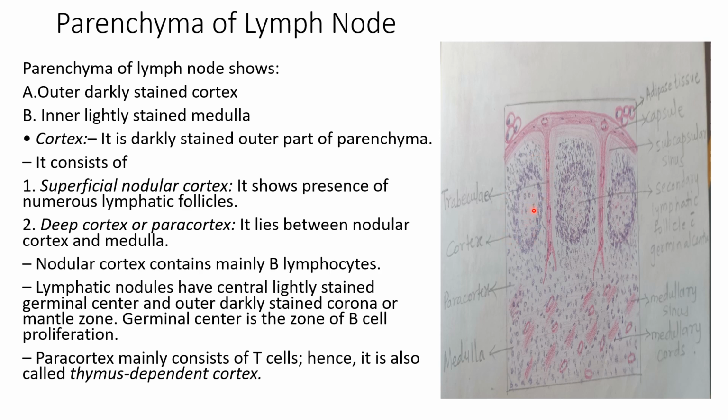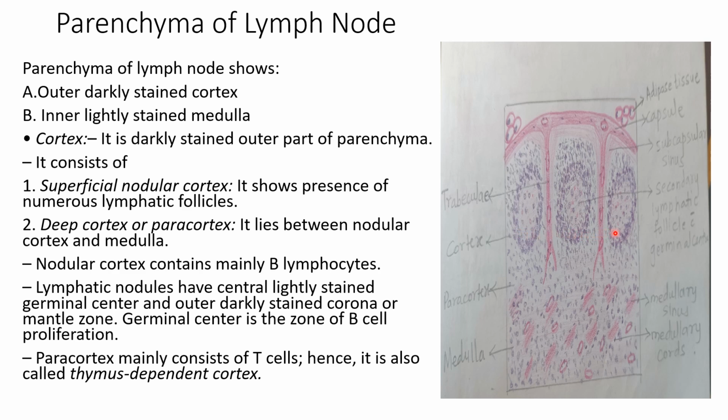In the lymphatic nodule we have a central lightly stained germinal center, which mainly has B lymphocytes in the proliferative stage. So there are B lymphoblasts in the central part, and the peripheral part of this lymphatic follicle has densely packed cells which are lymphocytes. So this is the outer or superficial nodular cortex.